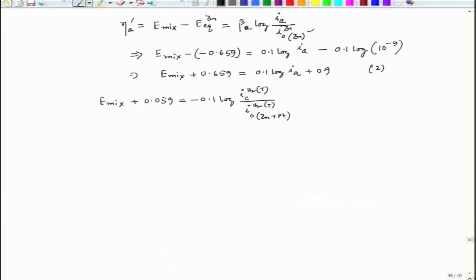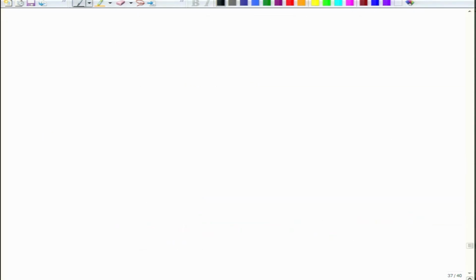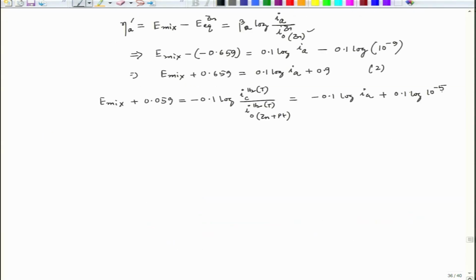So, now I have seen that at this mixed potential point I can have this condition meeting. So, I can easily write this to be minus 0.1 log of I_A plus 0.1 log of 10 to the power minus 5, since we have seen that this value, which is the I_0 total hydrogen, is nothing but 10 to the minus 5 ampere per centimeter square.